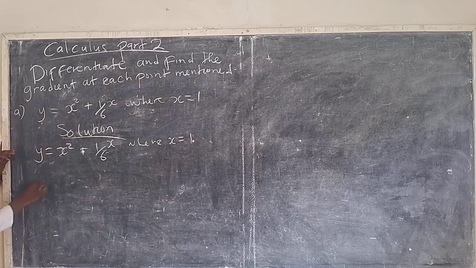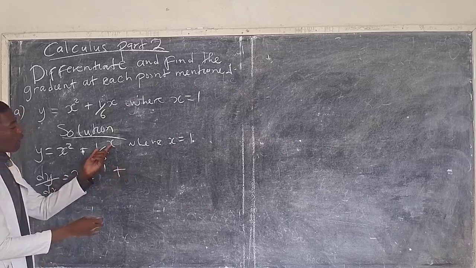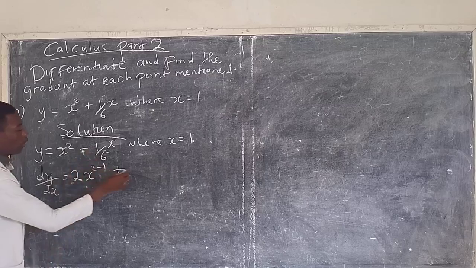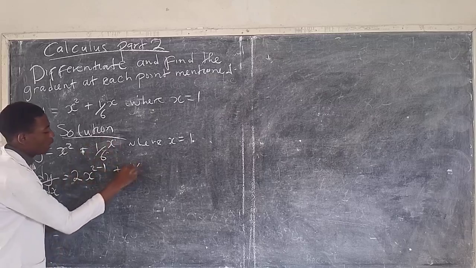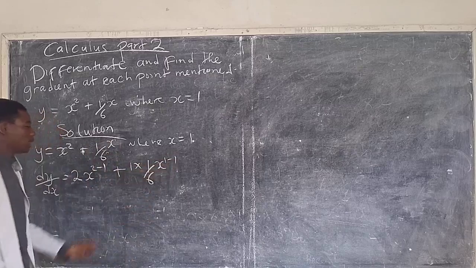We are going to say our dy over dx should be equal to the power multiplied, so we have 2x raised to the power 2 minus 1. Then plus, we multiply 1 times 1 over 6x raised to the power 1 minus 1.